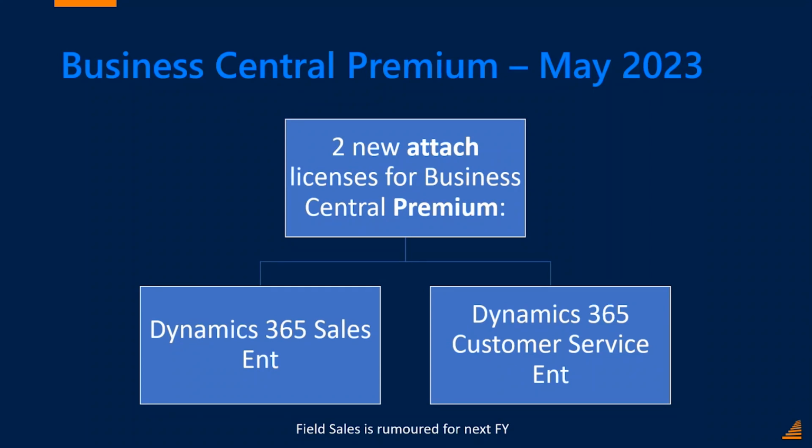And then the other side almost to that change in September, which is this month still, they made two new base licenses for Business Central Essentials. So this means licenses which you have on the bottom that you can now attach Business Central Essentials to.